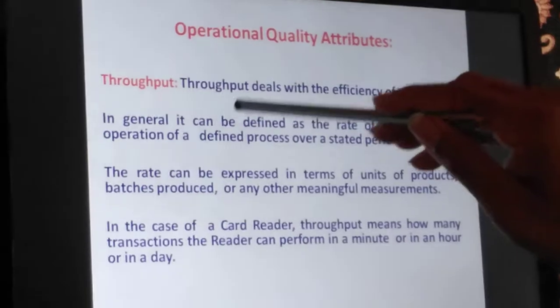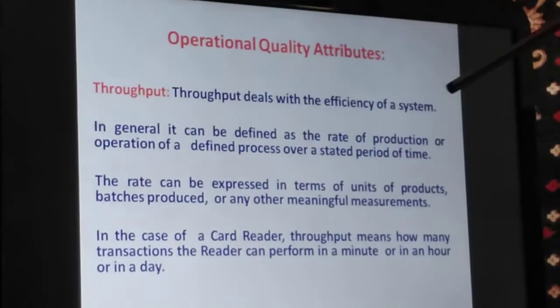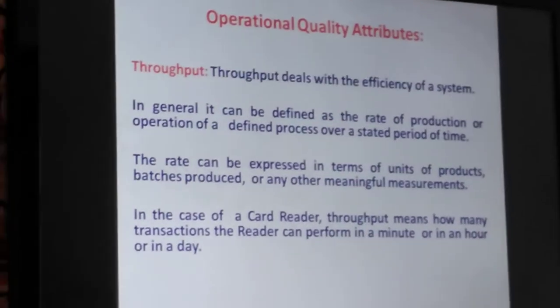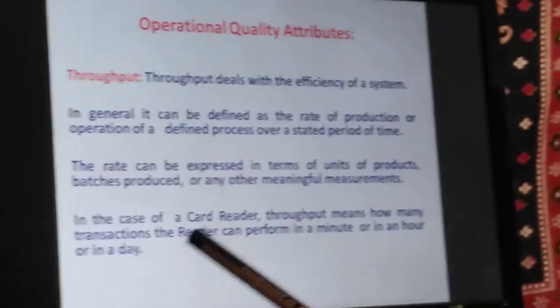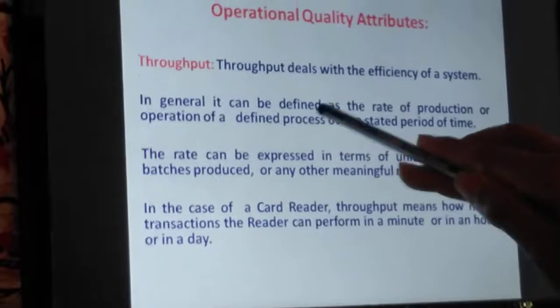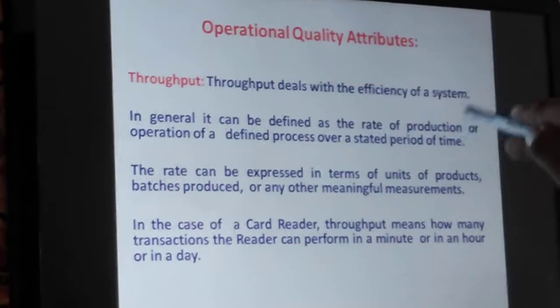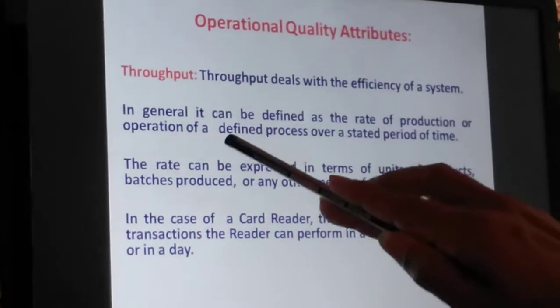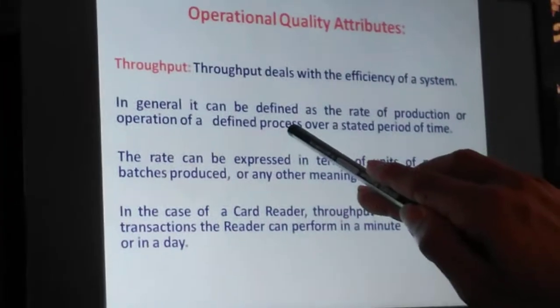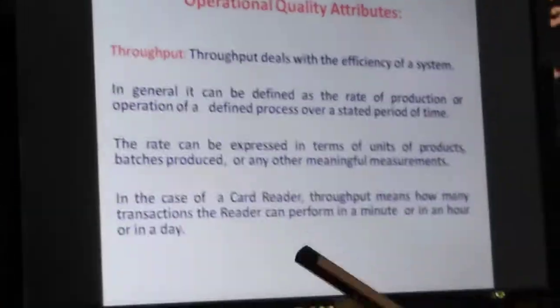Throughput. Throughput deals with the efficiency of a system. In general, it can be defined as the rate of production or operation of a defined process over a stated period of time.